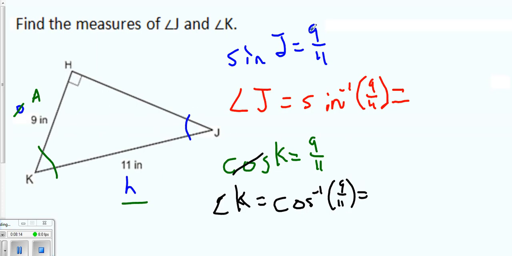So I come back here, I just write in my answers, 54.9 and 35.1. And each of these are degrees because it's the measure of those angles. So that's how we could find our missing angles here using just these two values. We didn't even have to solve for this third side. We didn't have to use a protractor. We could just figure it out.